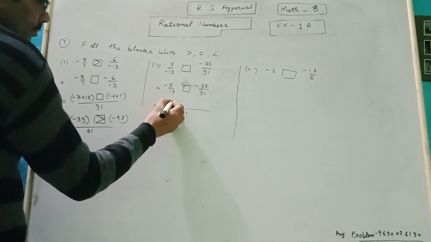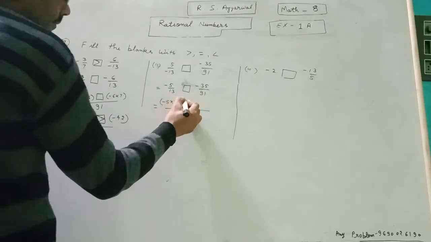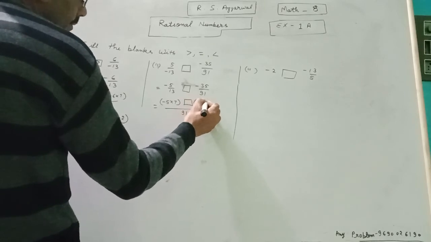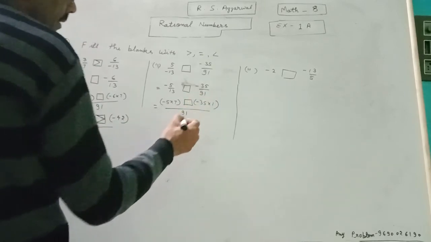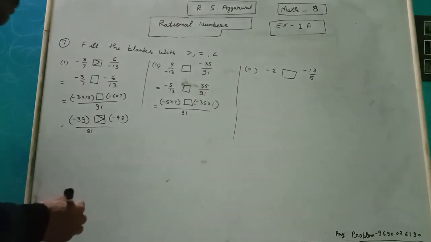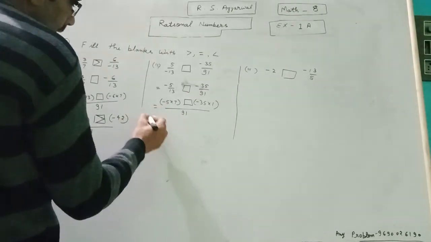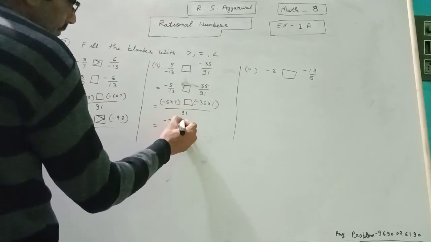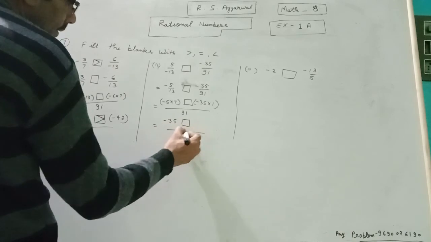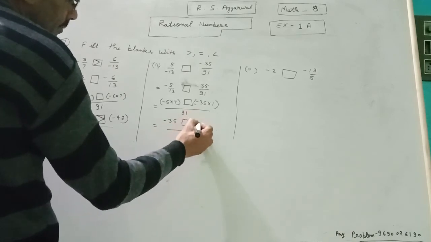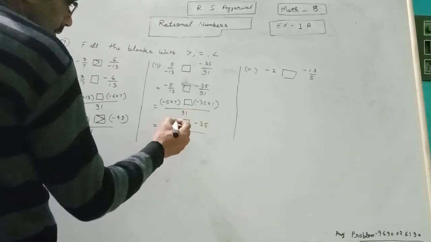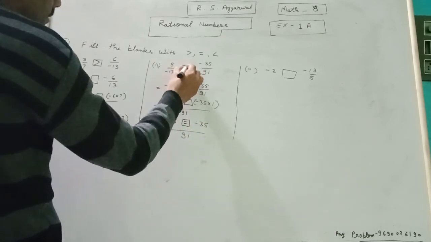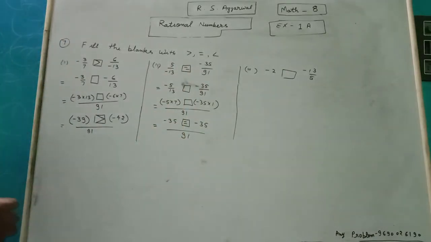Minus 5 into 7, box, minus 35, 91 divided by 1. Is equal to minus 35, 91, minus 35. Both equal, symbol equal. So second part symbol is equal.